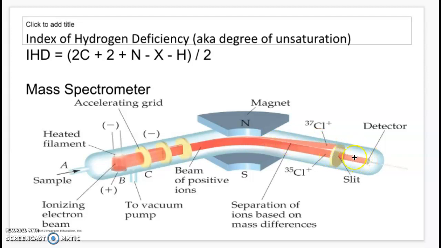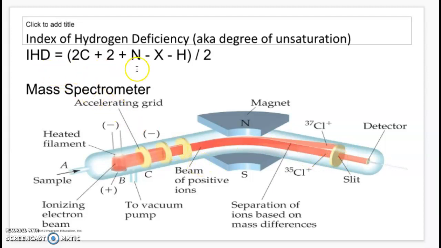And then on the end over here, there's a detector that detects how much of the original sample comes through, and therefore how much has a particular mass, in this case of an isotope, or how much has a particular fragment. And we'll take a look at this data in just a minute.